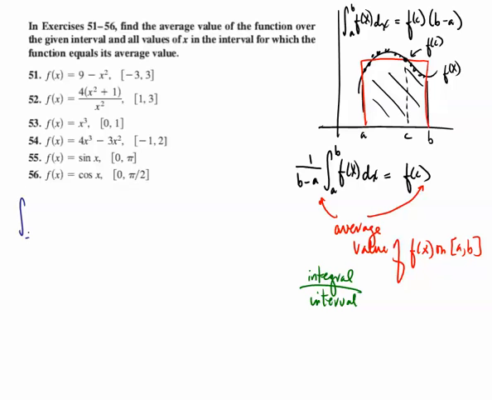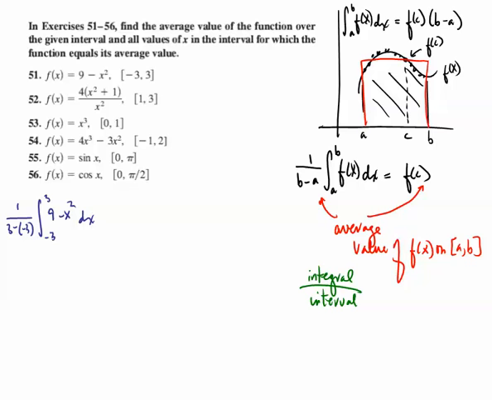We have the integral from -3 to +3. And again, we want to divide that by the width of the interval, which is 3 minus -3. I'm going to rewrite that: 1 over the quantity 3 minus -3, which is going to turn out to be 6, times the integral from -3 to +3 of 9 minus x squared dx.